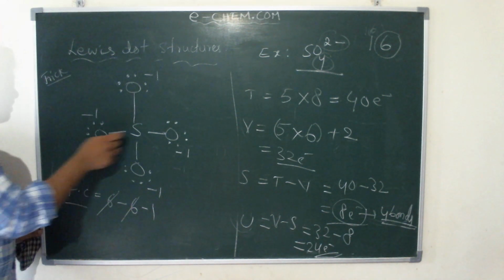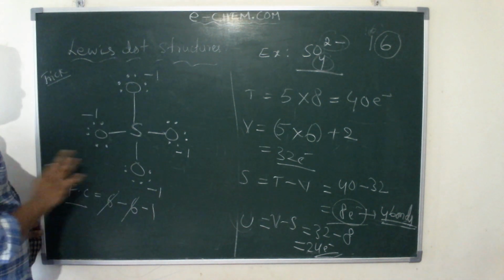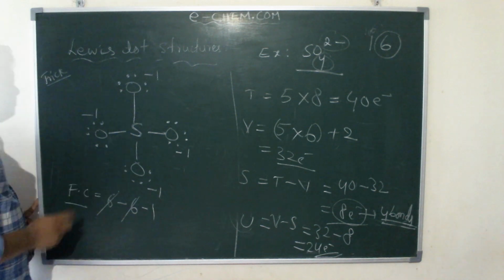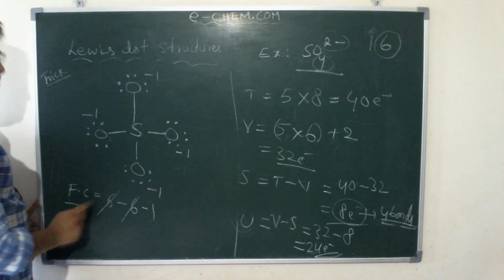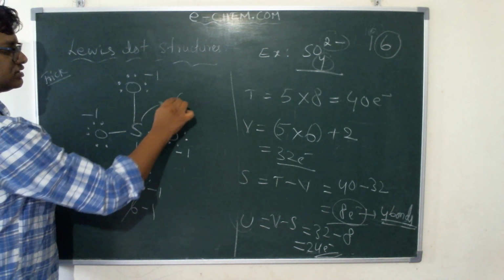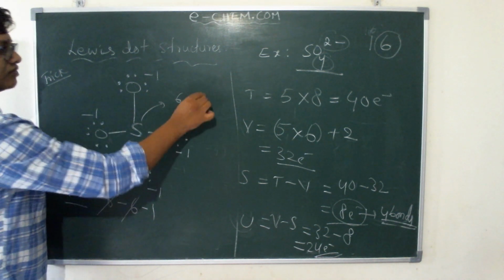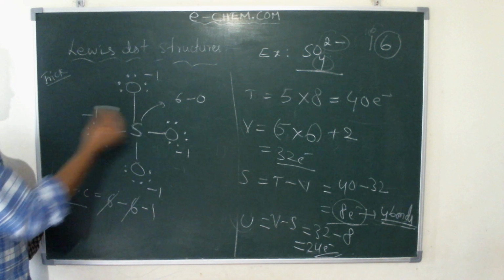So let's calculate the formal charge for sulfur in this given structure. Sulfur belongs to the 16th group, so valence electrons, how many? 6. For this, 6 minus unshared electrons, 0, no electrons around this sulfur.